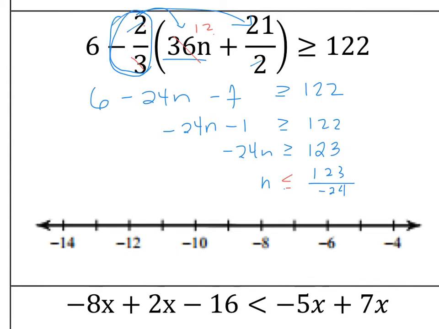So to write this further, let me put it here. Negative 5 and 1/8, because after I simplify this, it's negative 41 over 8. Then when we graph this, we can just estimate the point to be around here, negative 5 and 1/8.